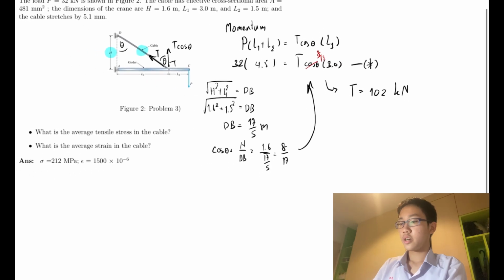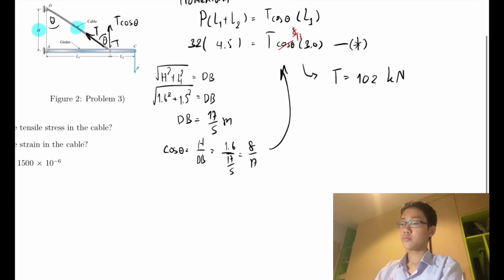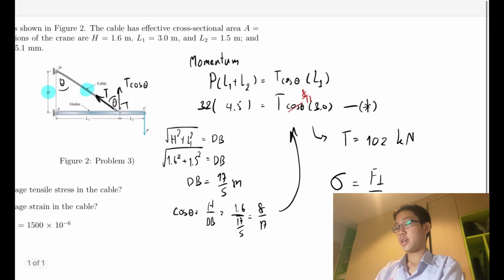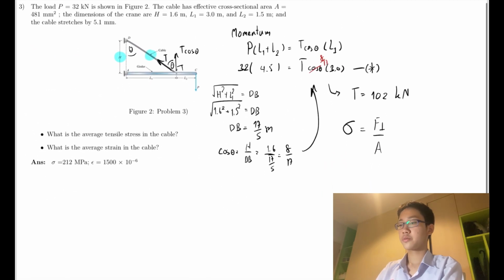After that, we can find the average tensile stress from T, using T as the perpendicular force. From the formula, tensile stress equals F perpendicular divided by A, which is the cross-sectional area.